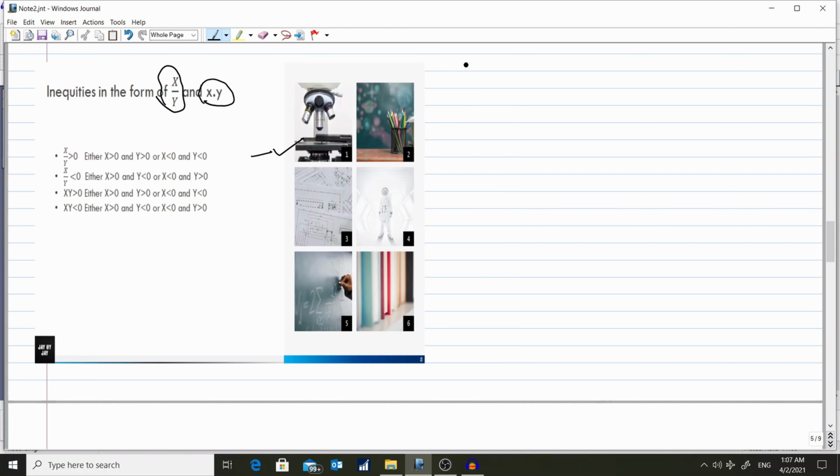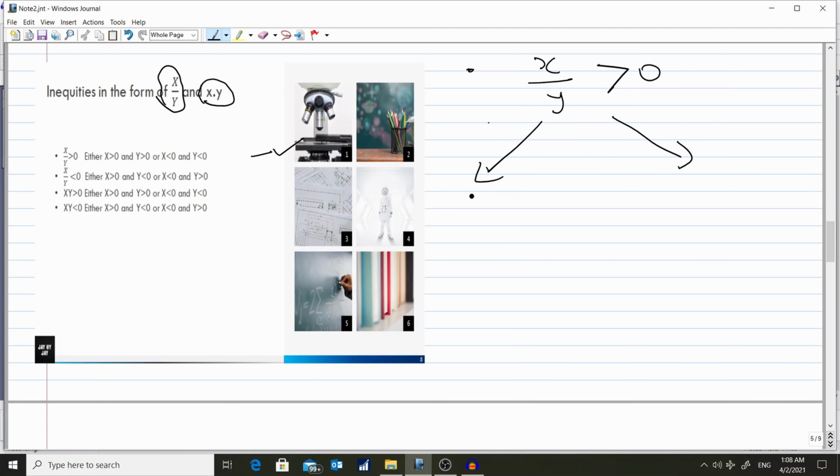We will have an expression like this: x divided by y greater than 0. What are the possibilities that satisfy this inequality? There are two possibilities.